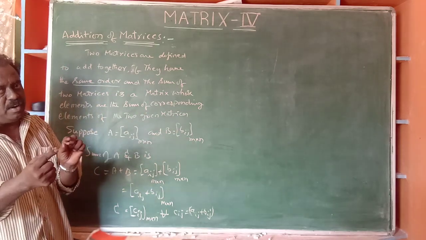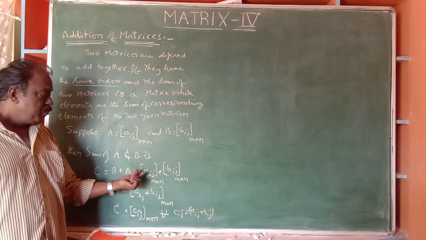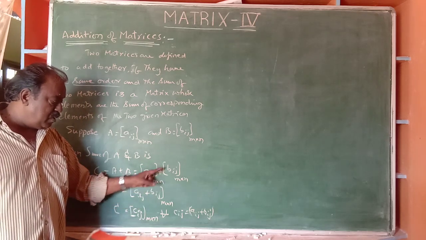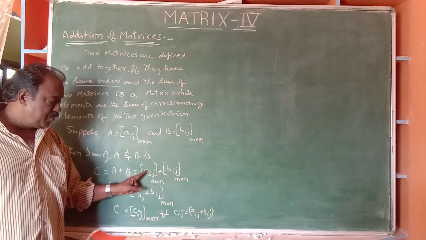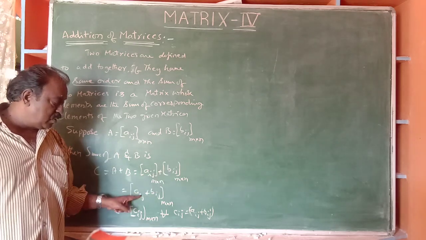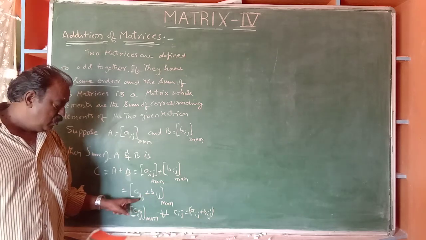That is the corresponding elements. The sum of corresponding elements is Aij plus Bij. Ith row jth column, here also ith row jth column. Is it clear?